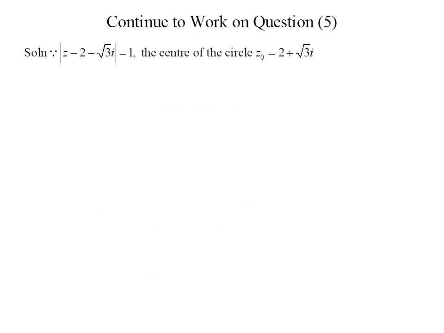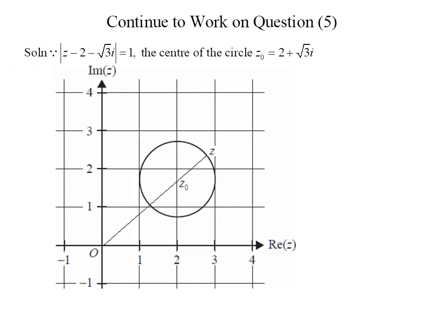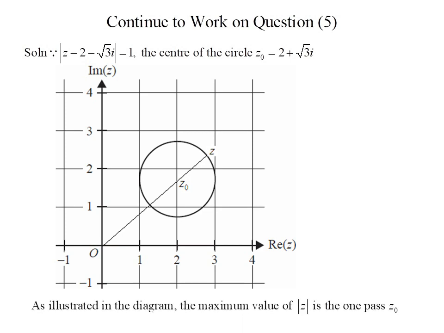Since modulus of z minus 2 minus square root 3i equals 1, the center of the circle is at z0, which equals 2 plus square root 3i. The diagram shows a line drawn from O to z0, and its extension intersects the circle at the point z, where it has the maximum modulus value.